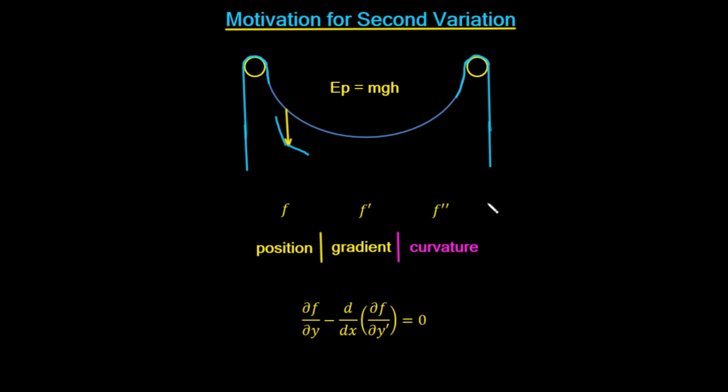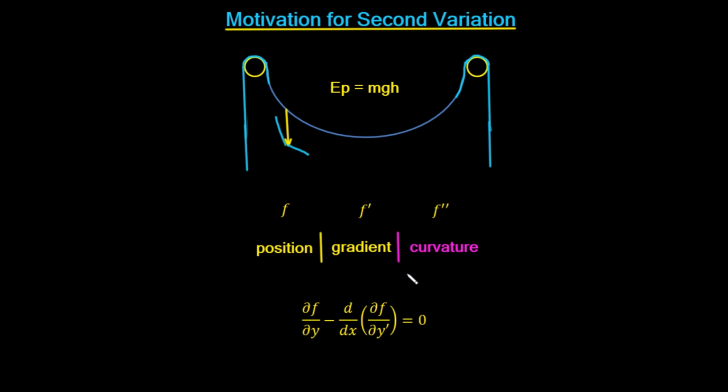So if this second variation was greater than 0, that is, it's positive, then we would be able to say that our extremum was a local minimum. If the second variation was less than 0, that is negative, then we would be able to say that our extremum would be a local maximum.